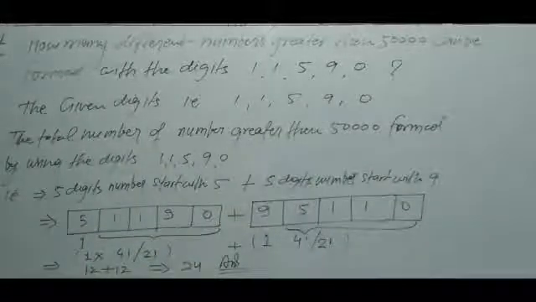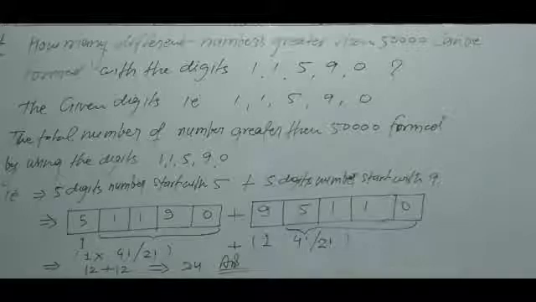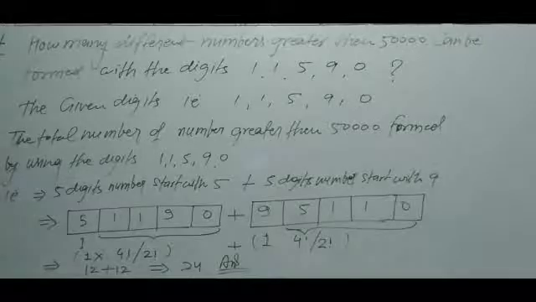11590. So see, this question is so important, related to your syllabus, and you can solve many questions related to these topics, and you can take any other digits also and can solve this. Now see, if any doubts, can clear it.